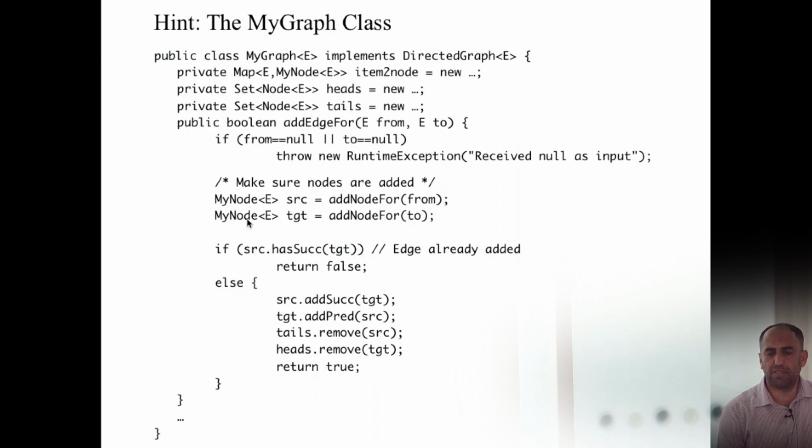And similarly, I provide you some basic code for the graph implementation. I use a map, it could be a hash map, for the nodes and to keep track of the values. But you are free to use any other data structure; there is no compulsion. I also maintain heads and tails, so you can maybe also maintain heads and tails to know what the head nodes and the tail nodes in your graph are.